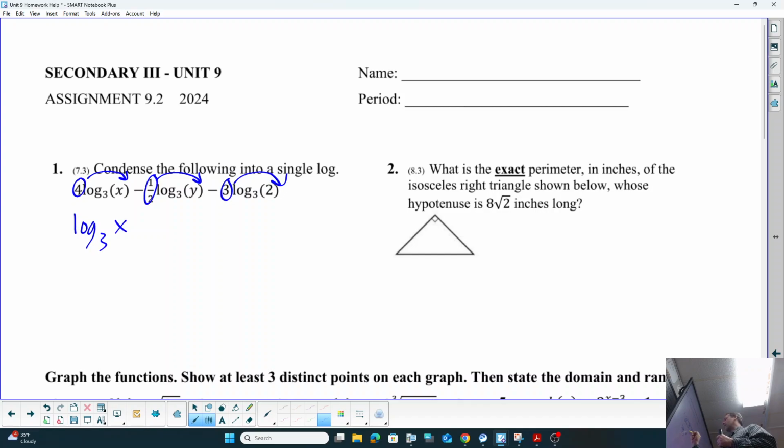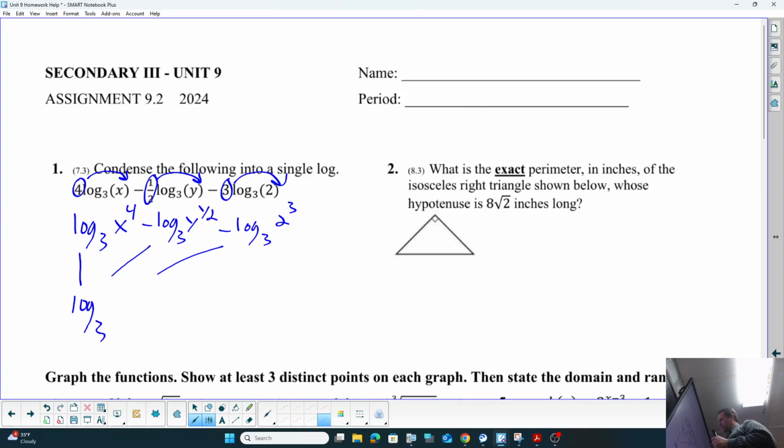So log base 3 of x to the 4th power, minus log base 3 of y to the half, minus log base 3 of 2 to the 3rd power. Nice. Now, do you remember what subtraction becomes? Division when condensing. So now we condense all 3 logs.